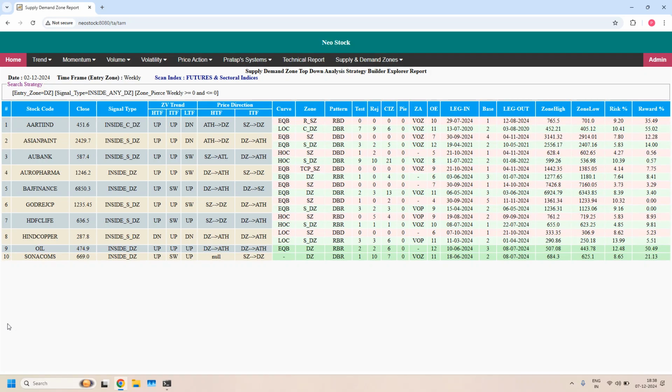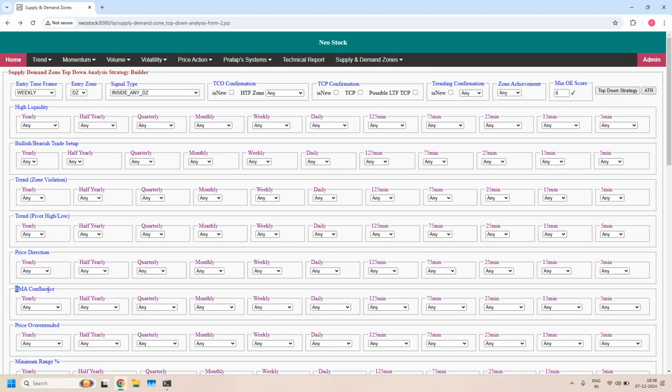But out of these 10, there could be some high probability setups. Weekly demand zones might be available based on the EMA Confluence. Let's filter those stocks out of these 10. So in the EMA Confluence, weekly time frame, weekly demand zone having weekly EMA Confluence, and EMA Confluence makes sense only in a trending market, that is up or down trend, but not ranging, that is sideways.